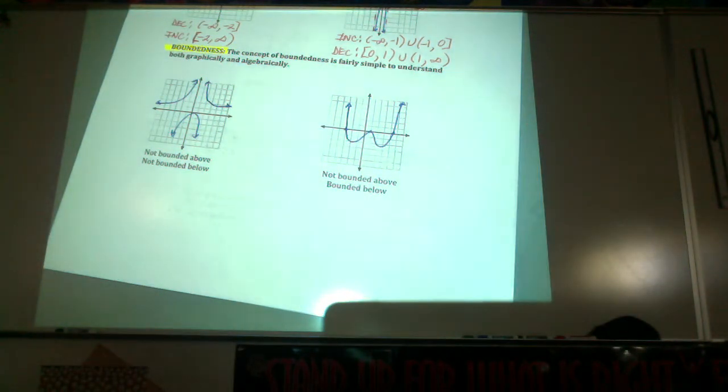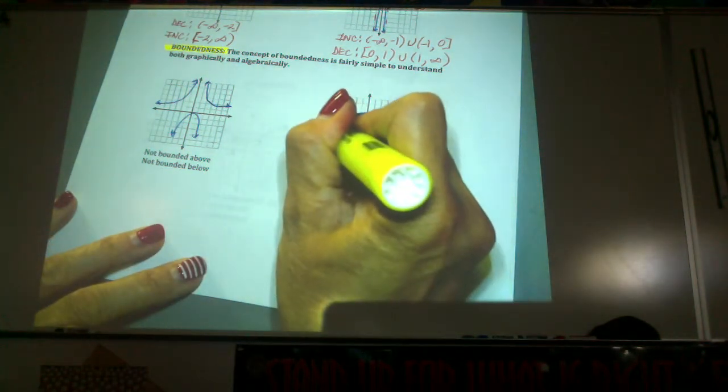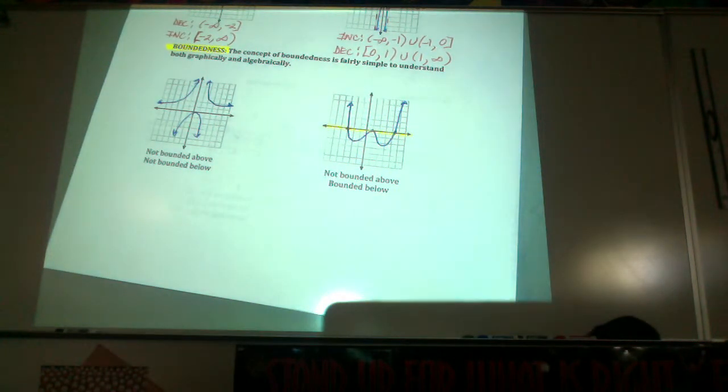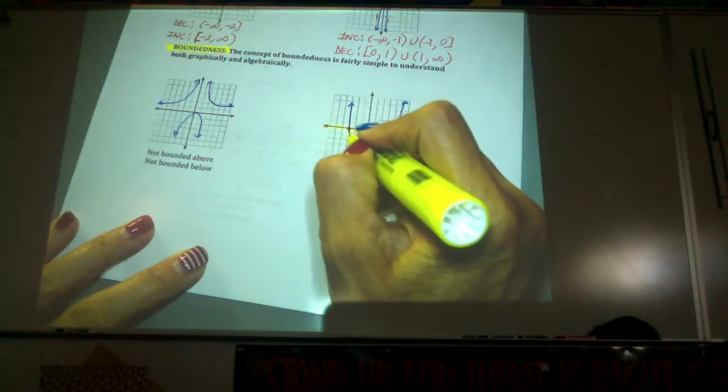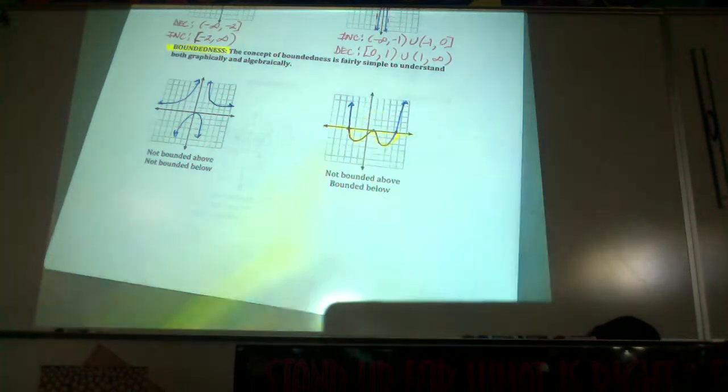When we talk about boundedness, we want an above and below. Above and below means that our focus is on the x-axis. This graph is not bounded above, but it is bounded below. Do you see why? This is the part of the graph that is below the x-axis. Doesn't it have a definite start and a definite end all below the x-axis?